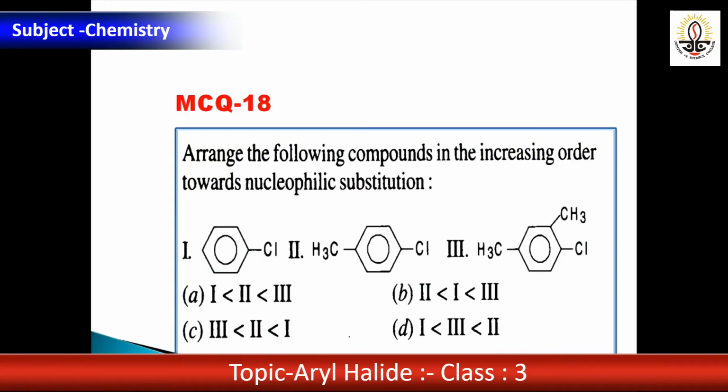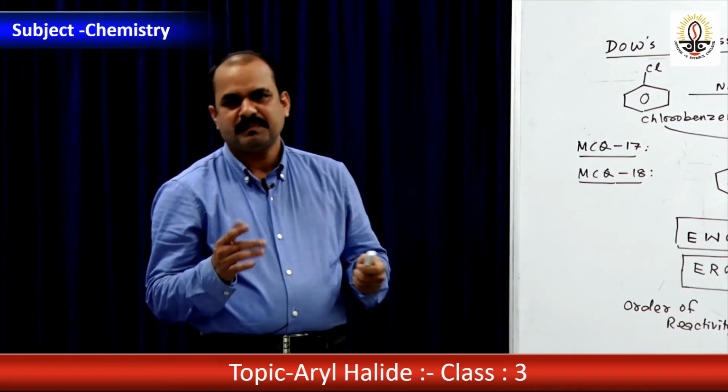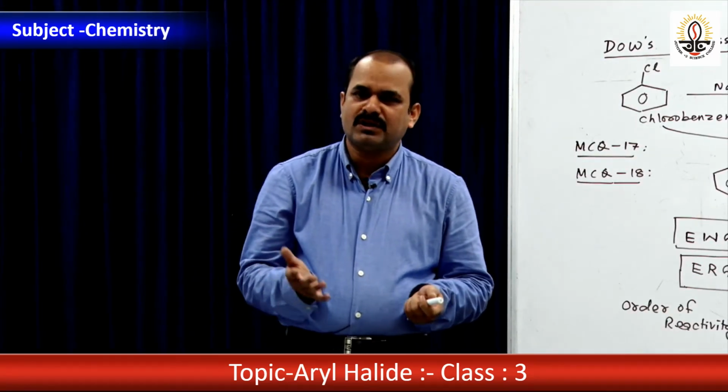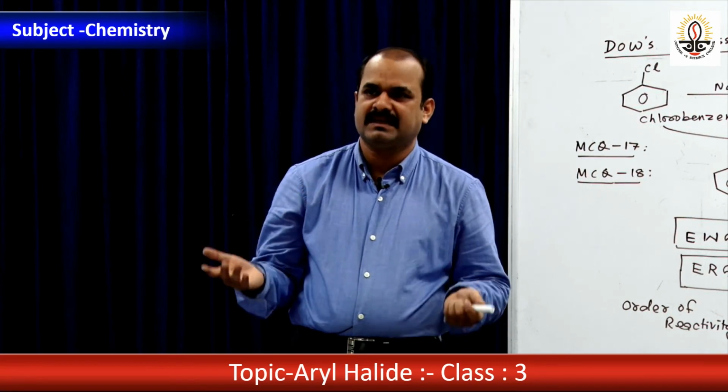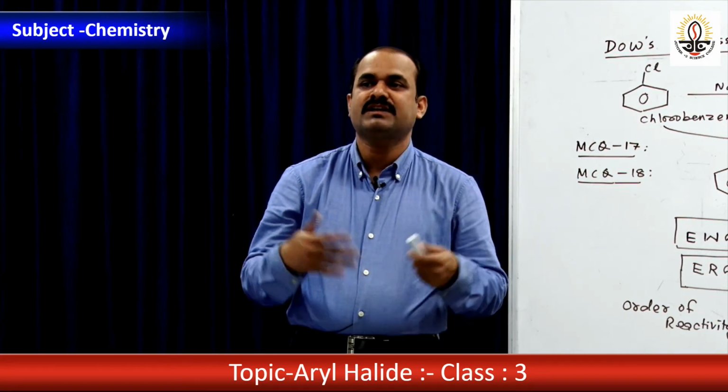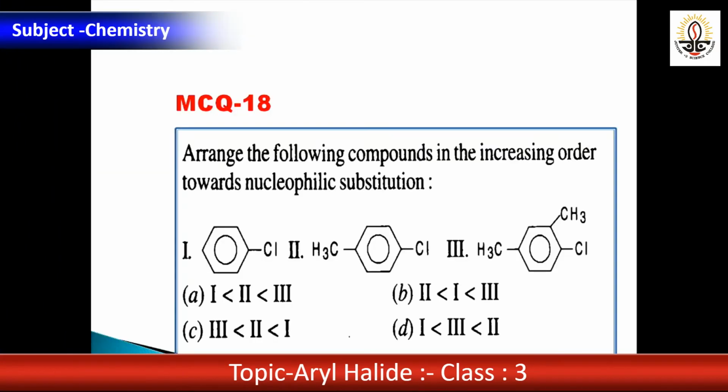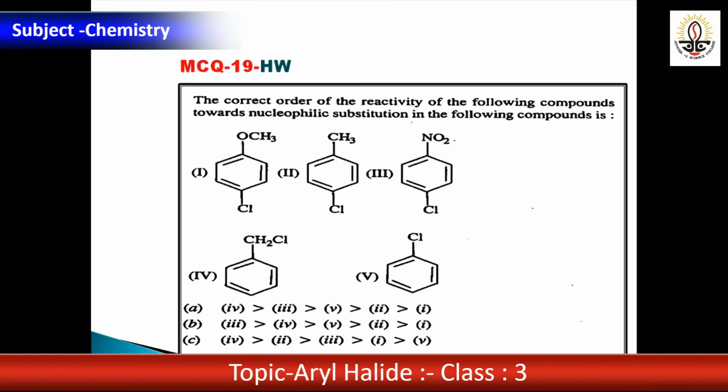Students, you have to remember that the presence of electron withdrawing groups increases the reactivity. The presence of electron releasing groups decreases the reactivity. Come to multiple choice question number 19. It is your homework.